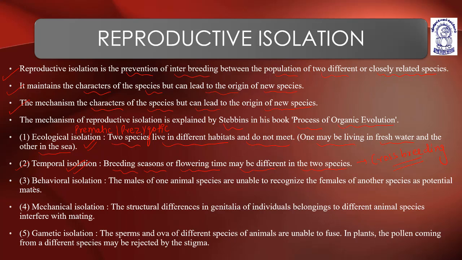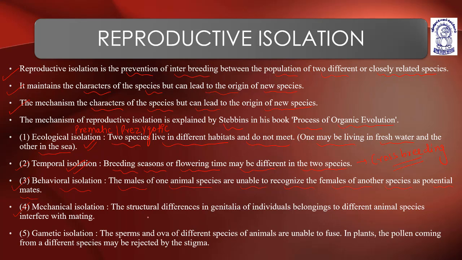Behavioral isolation: the males of one animal species are unable to recognize the females of another species as potential mates, as their right partners. This is behavioral or psychological isolation.